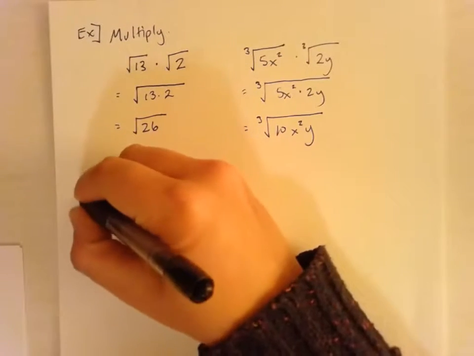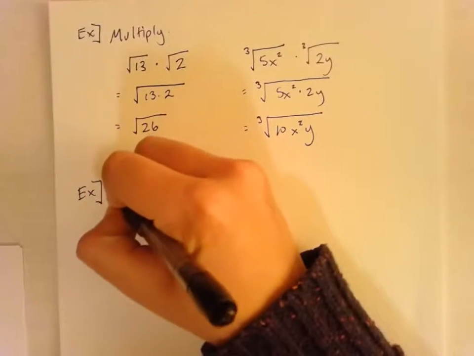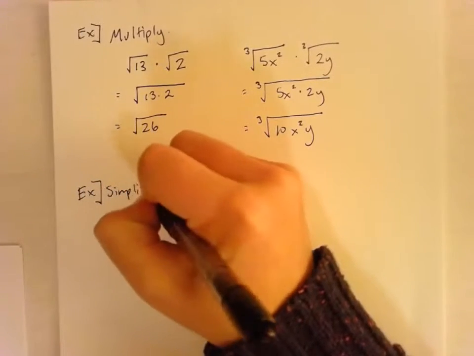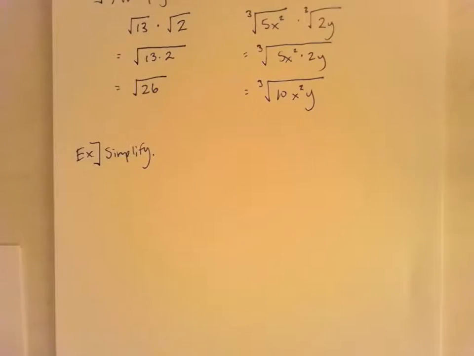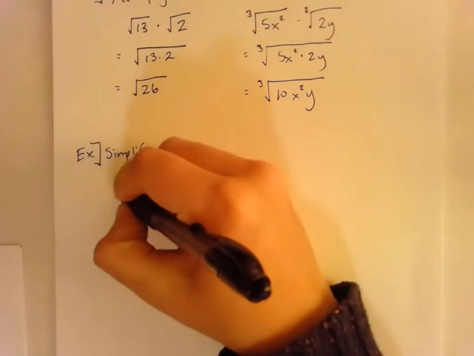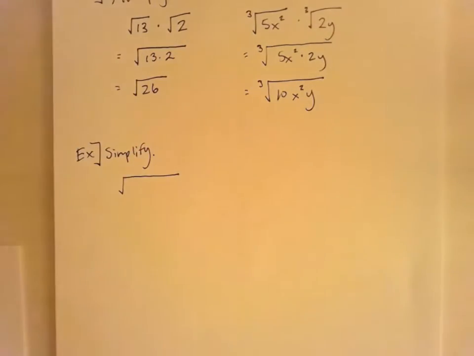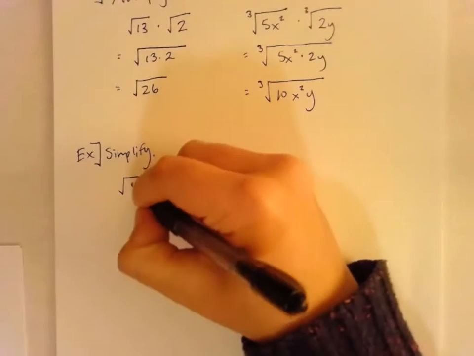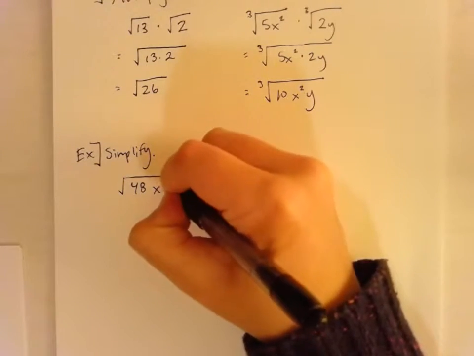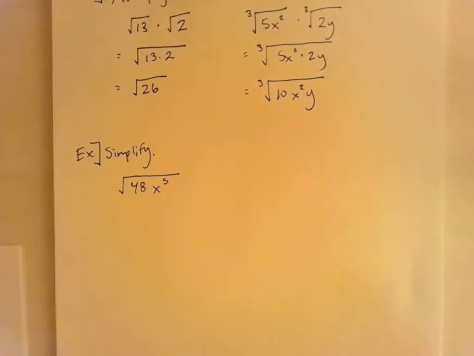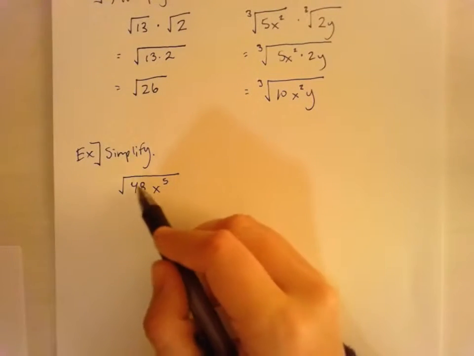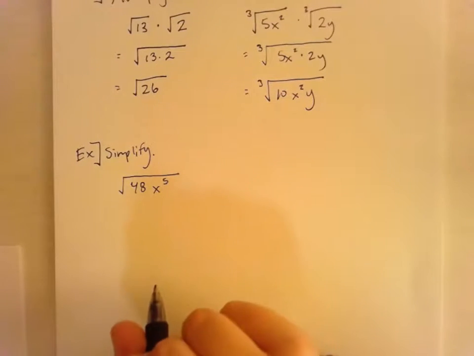Let's talk about simplifying next. Let's say we were given the radical, the square root of 48x to the 5th. What we're going to do here is what our objective said at the very beginning. We're going to break this up into factors of perfect squares. Here's what I mean. I really don't get to do much with the square root of 48.